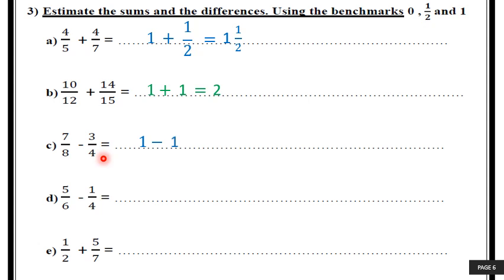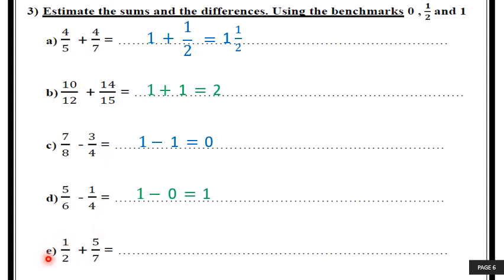So 1 minus 1 equals 0. 5/6 minus 1/4. 5/6 is close to 1 because 1 whole means 6/6. And 1/4 is close to 0. So 1 minus 0 equals 1.